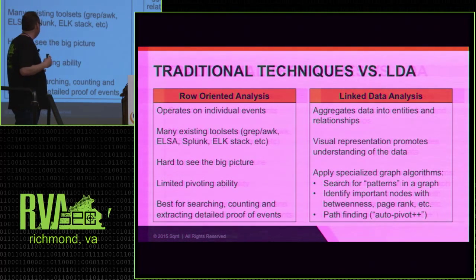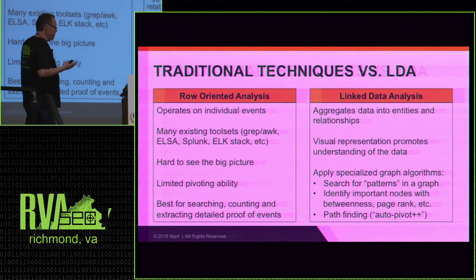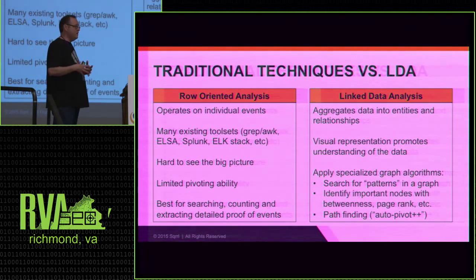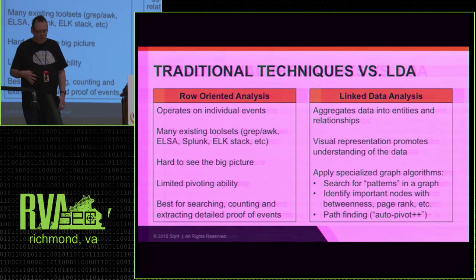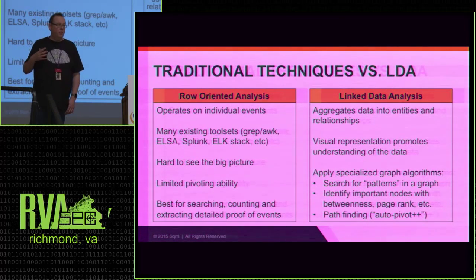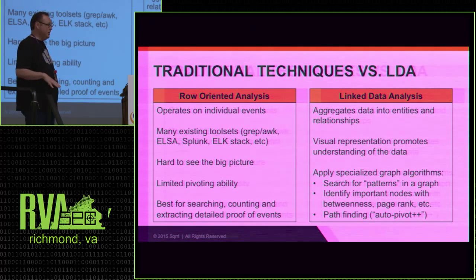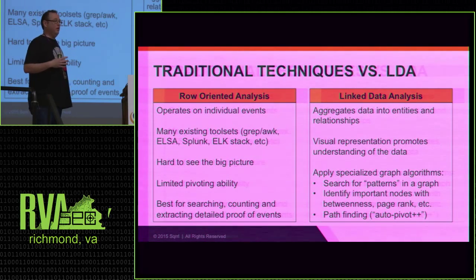Row-oriented analysis operates, of course, on individual events. And there are a lot of existing tools, some for free, some for pay, pretty much can fit any budget and any need. Splunk, ELSA, you saw me using grep a lot. I'm a big fan of grep and awk and sed for log-oriented analysis.